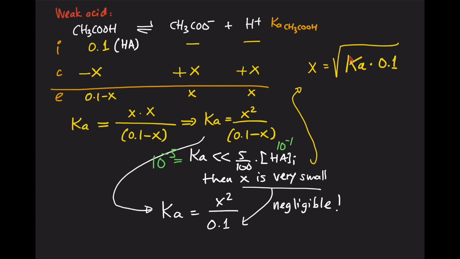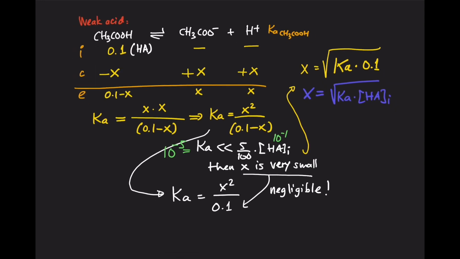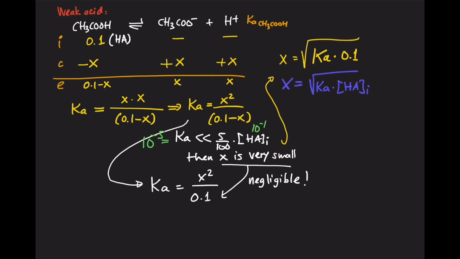If the Ka is 10 power to the minus fifth, you can just multiply it with 0.1 and then find the square root of it, and then you will get the X. Now from here you can also see that in general we will have X being equal to the square root of the Ka multiplied by the initial concentration of the acid. Under the assumption that the Ka is super small or smaller than 5% of the initial concentration, we can use this formula.